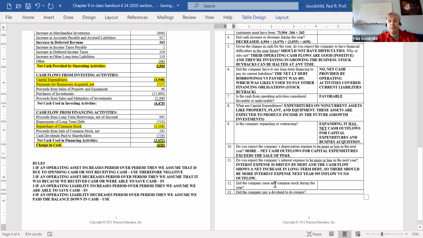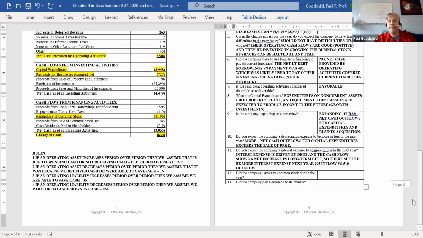Did the company issue any common stock during the year? You guys should answer number 12. Type your answer in the chat.